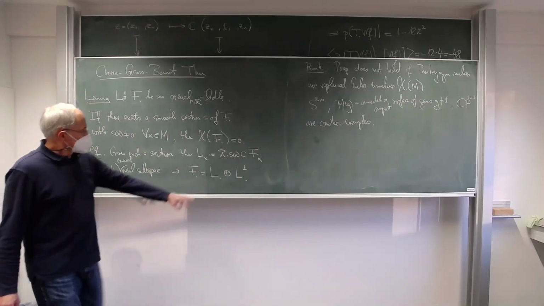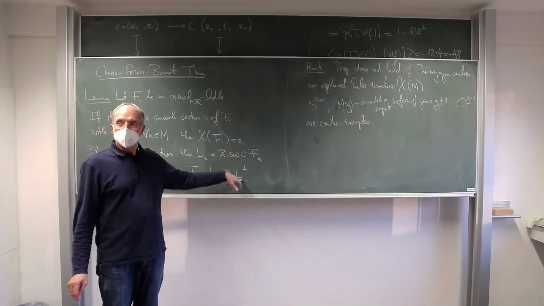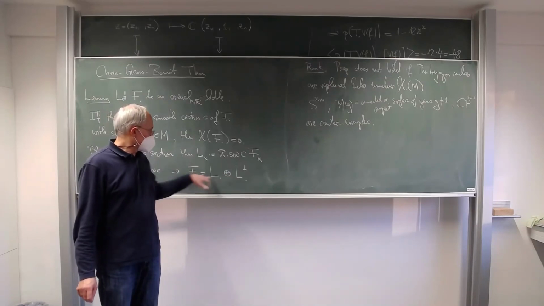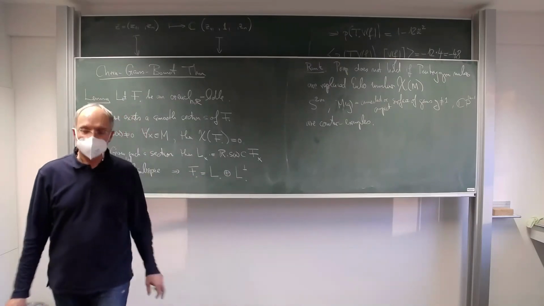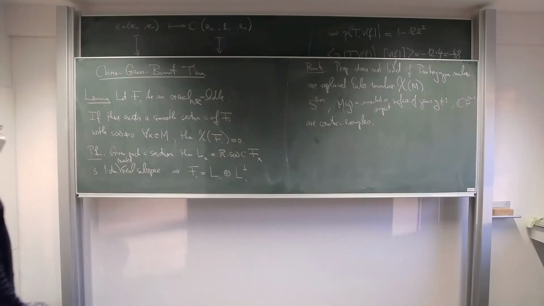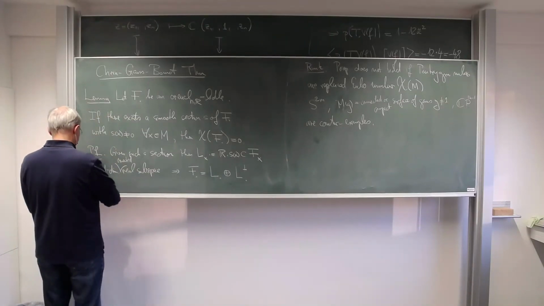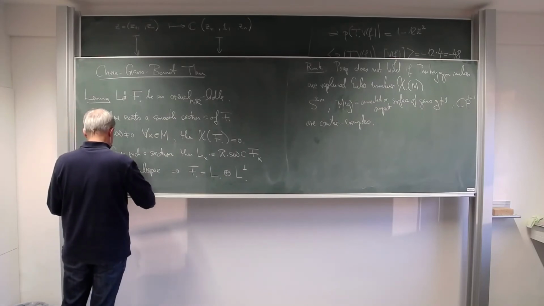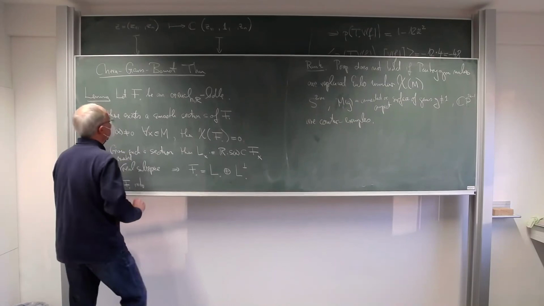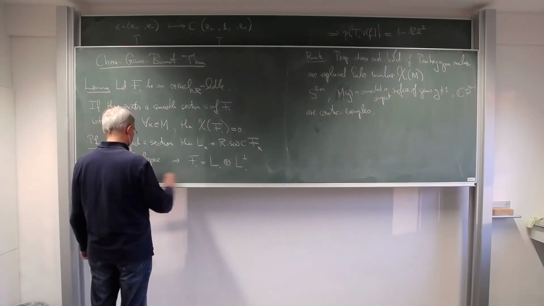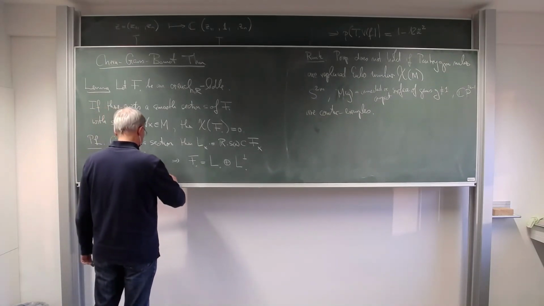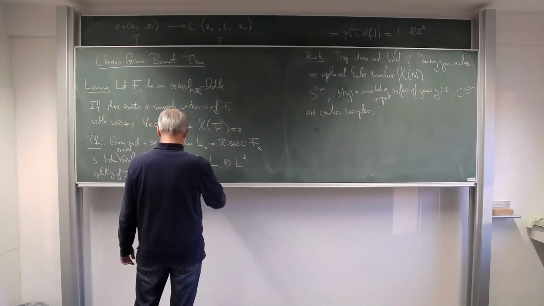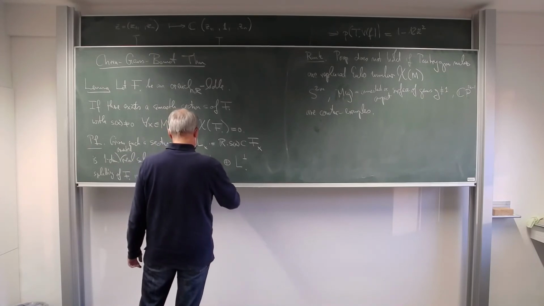And this also inherits an orientation, in such a way that the combined orientations add up to the given orientation of F. So that is a splitting of F into an oriented rank 1 and an oriented rank n minus 1 bundle.